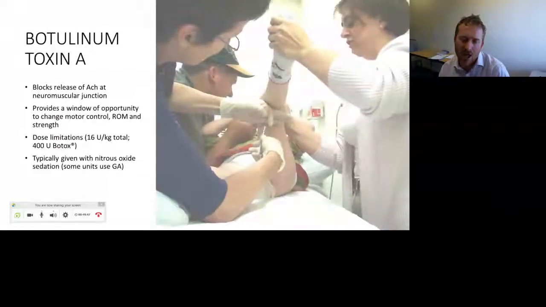Botulinum toxin has become a mainstay of spasticity and dystonia treatments over the last 20 years at the Kids Hospital here. As all of you know, botulinum toxin blocks the release of acetylcholine at the neuromuscular junction, and at the current time, that's often used in conjunction with a burst of therapy to change and improve motor control, range of motion, and strength.